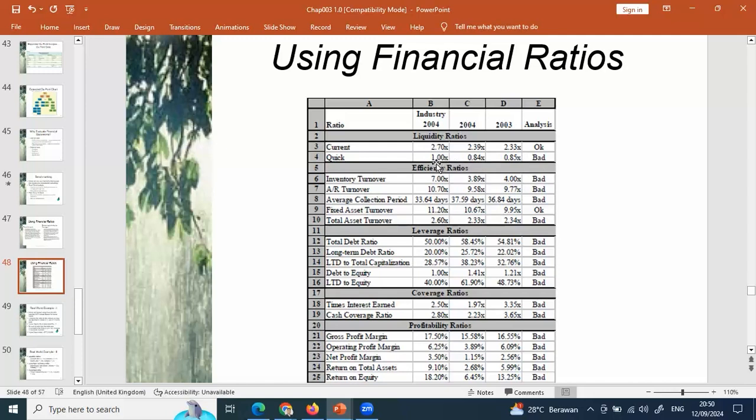Below the industry. 2.39 is okay, still above the debt. Inventory turnover, our company 3.89. Industry average 7.0. It's bad.